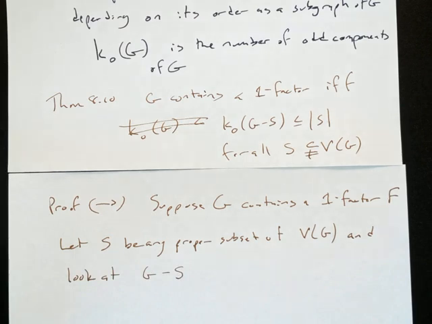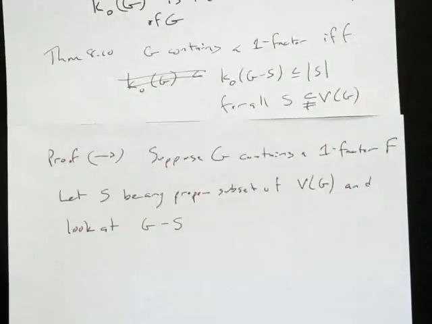Now there are some options here. I'm going to look at the resulting components of G minus S. And since I have no idea how many vertices we took away, all I want to know is whether or not there are any odd components. Because my goal is to show that the number of odd components is less than or equal to the number of vertices I took away.